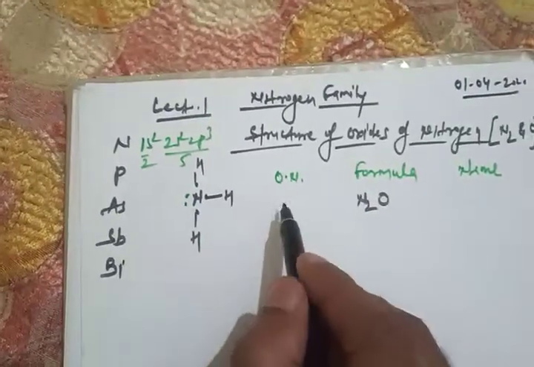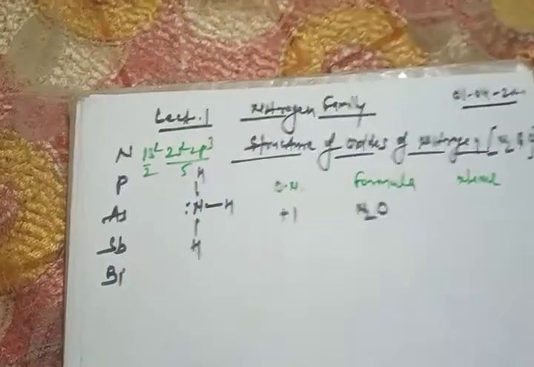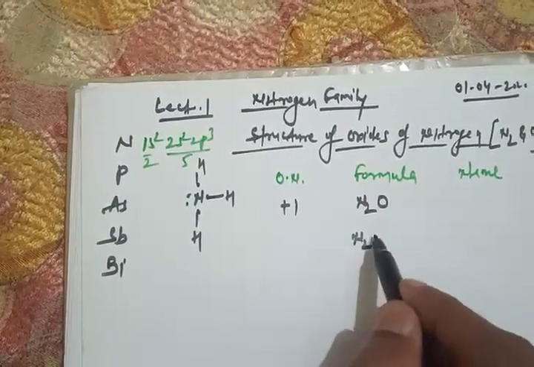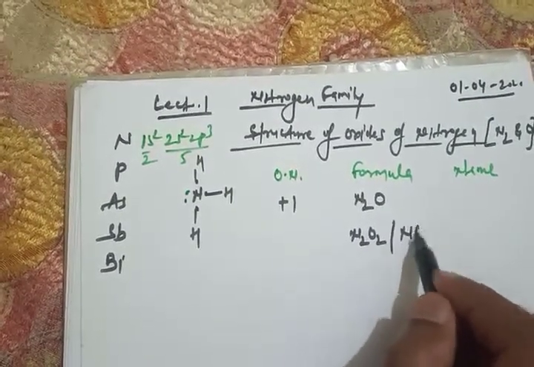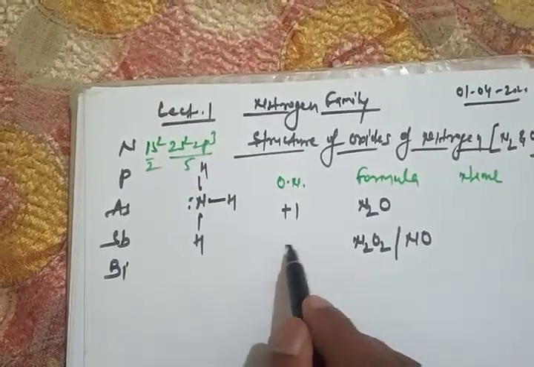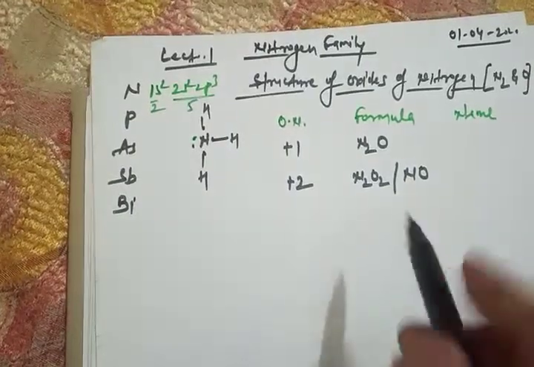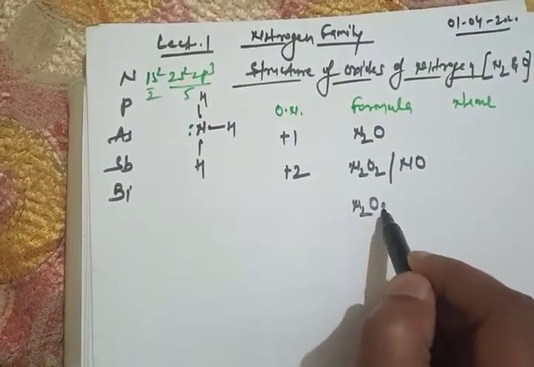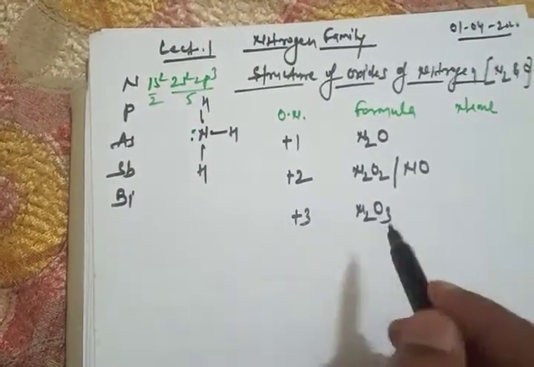In N2O the oxidation state is +1. Then N2O2, which is also NO, has oxidation state +2. Then N2O3, with oxidation state +3.